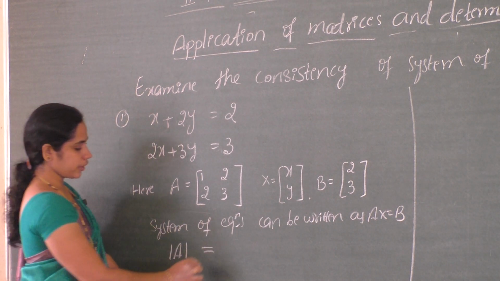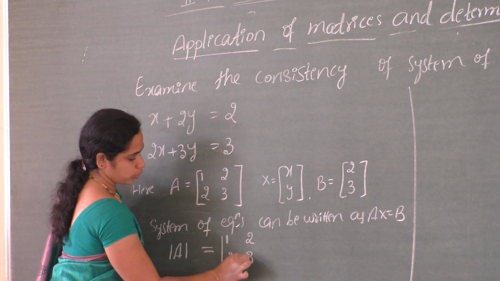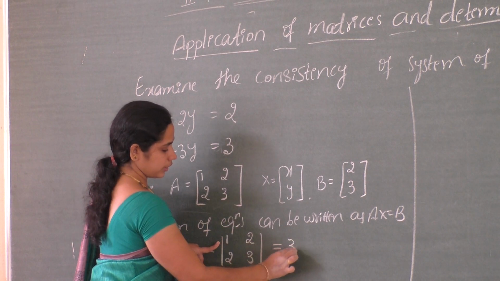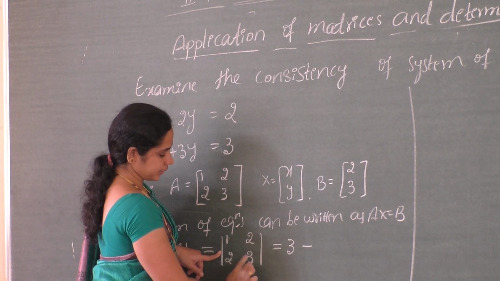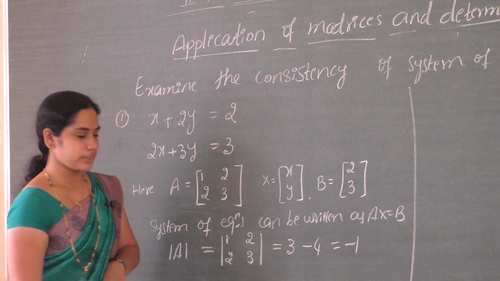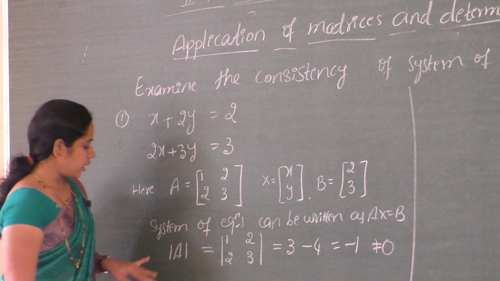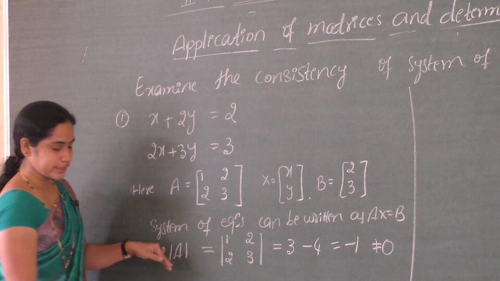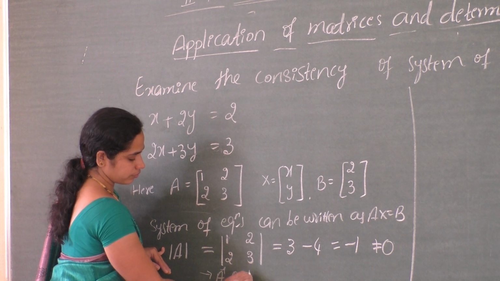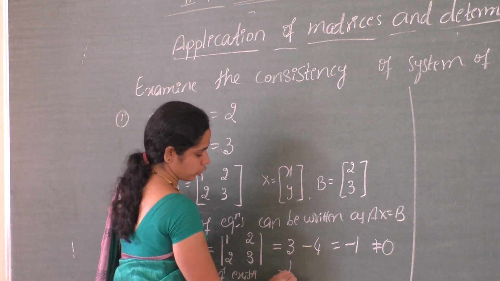Now, first find determinant of A. Determinant of A is the determinant of 1, 2, 2, 3. This is equal to 3 minus 4, which is equal to minus 1. It means it is not 0. If determinant of A is not 0, we can say that A inverse exists, or we can say the system has a solution.